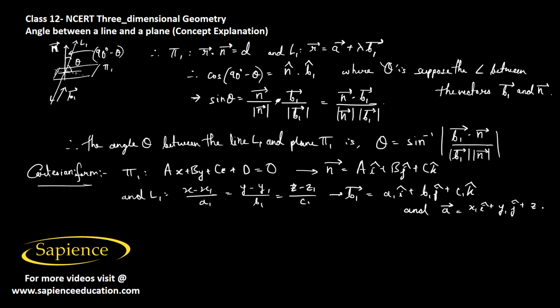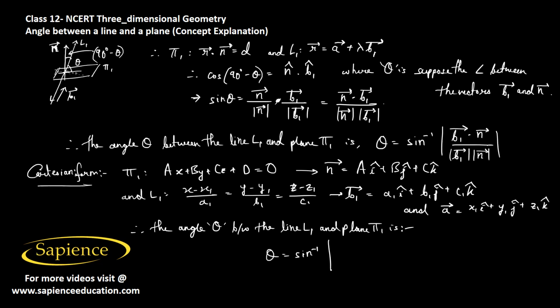So then, therefore, the required angle theta between the line L1 and the plane pi 1 is given as theta equal to sine inverse of b1 dot n.